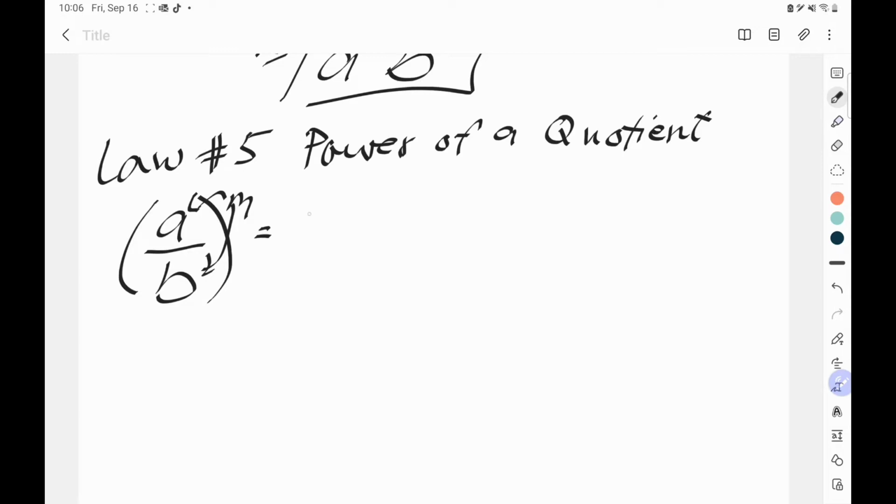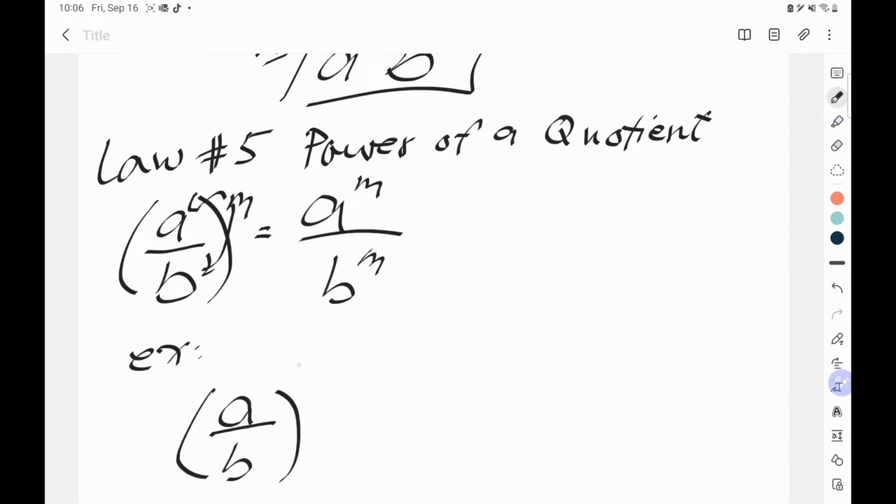All right, let's try this one here. We have (a over b) to the power of m equals a to the power of m over b to the power of m. Let's have this one as an example: (a over b), all of them to the power of, let's say, 3. That becomes a cubed over b cubed.